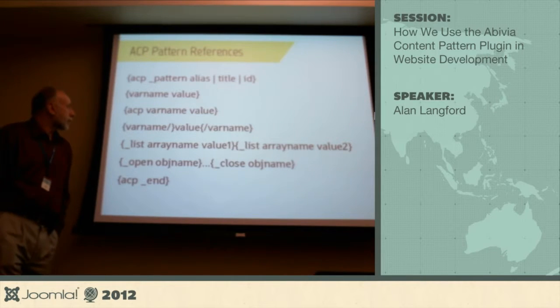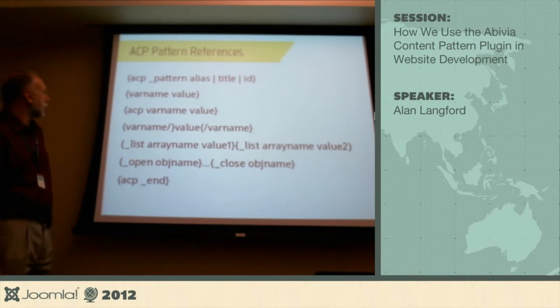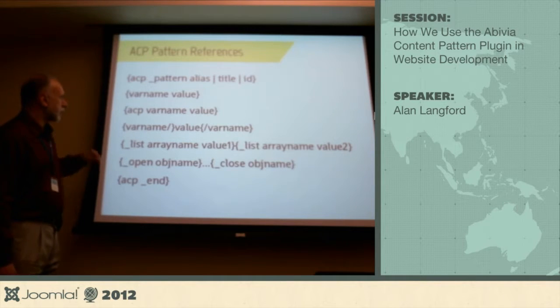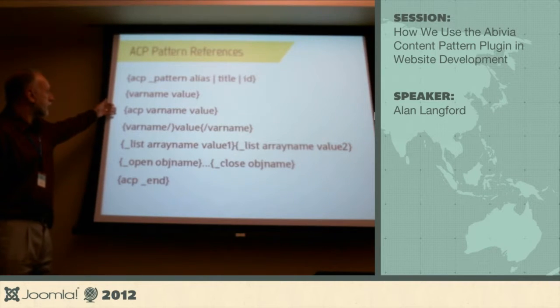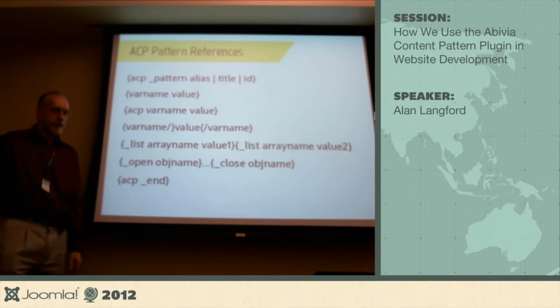There are 3 ways to define a variable. We've already seen the variable name value. We've also already seen the slash, open slash, close slash. This third form with the actual ACP in front of it is there to escape name conflicts.